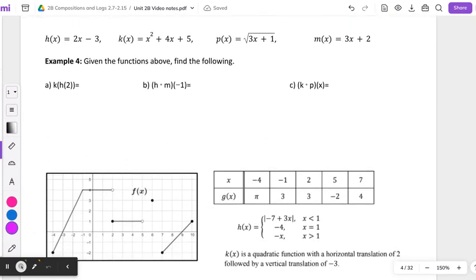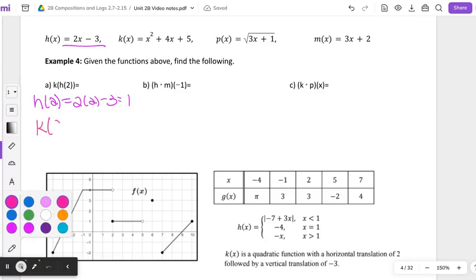Okay, a couple new functions here, 4 new functions in fact. We're evaluating k of h of 2. Start with h of 2, so that's in this one. I get 1, that becomes the input into k.